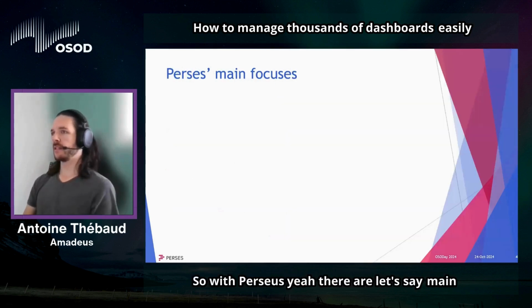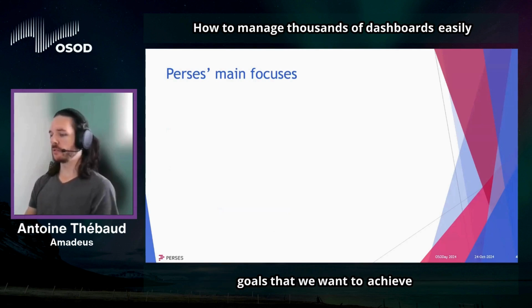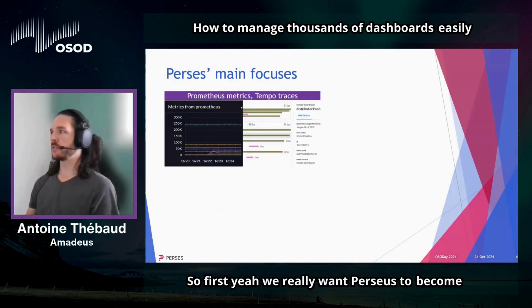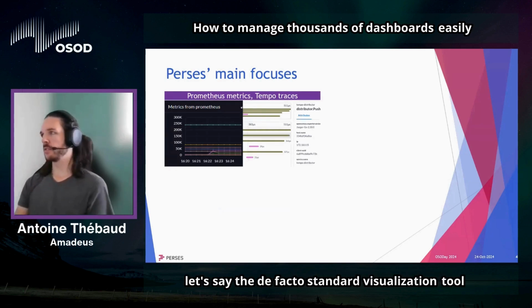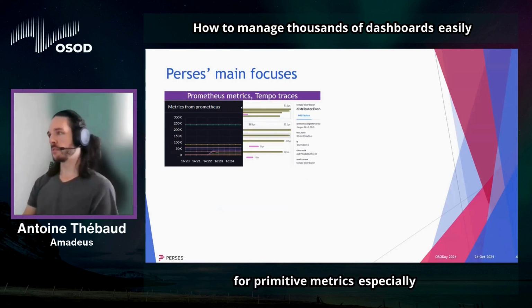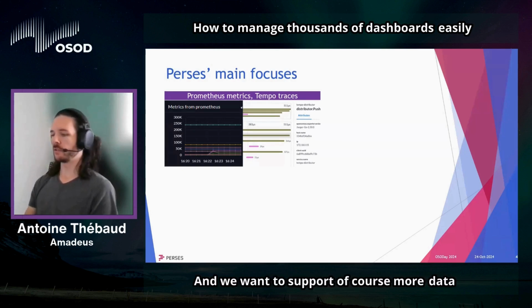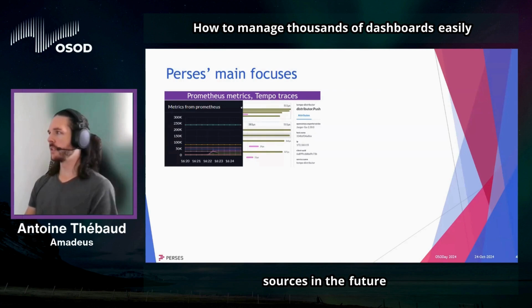So with Perseus, there are main goals that we want to achieve. So first, we really want Perseus to become the de facto standard visualization tool for Prometheus metrics, especially, but we also support Tempo traces. So that's it for now, but yeah, we have logs also coming, and we want to support, of course, more data sources in the future.